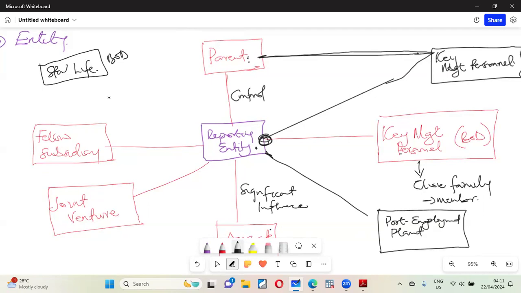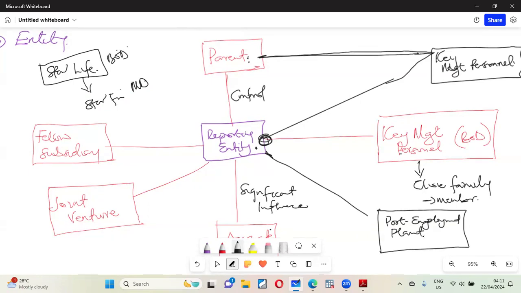So let's say Star FM. And the person who is a member of this board here, when you come to Star FM, he will be, let's say, the managing director. In that case, any transaction between Star Life and Star FM is a related party transaction because a key management personnel is present in both. All right, so that is it.